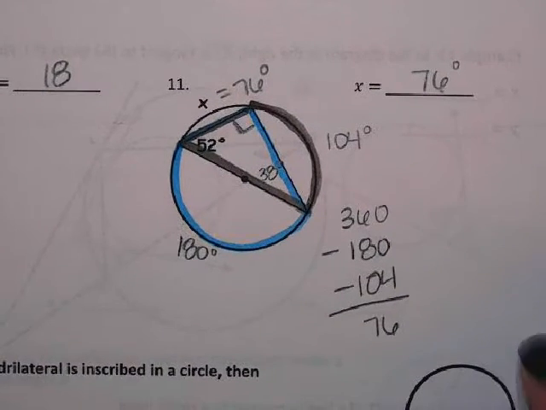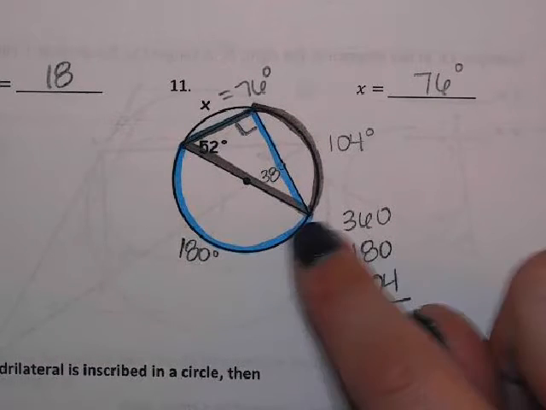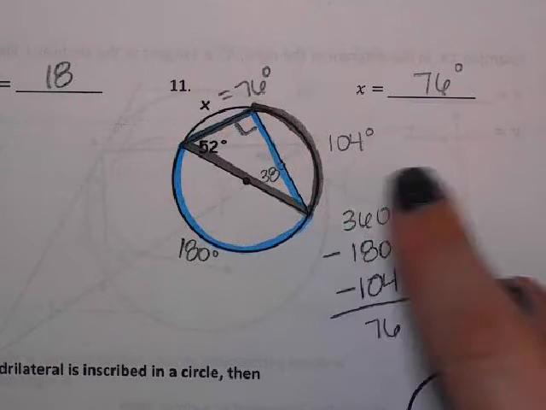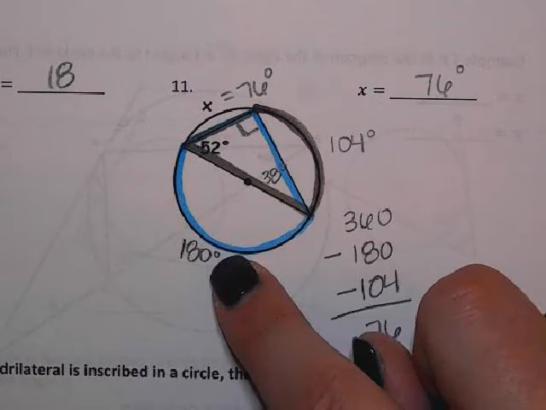When we get to these problems, there's usually multiple ways to solve them. If this were on a test, would you care which way we did it? No. And if this were on a test, me seeing the marker on there, the angles drawn, the 104 labeled, the 180 labeled, that would all be partial credit.